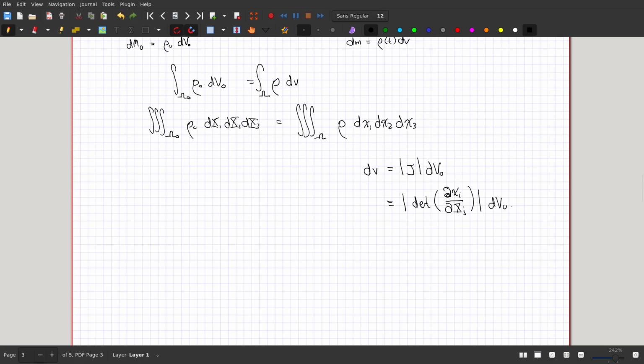What is this? What's the partial of little x with respect to big X? The deformation gradient.